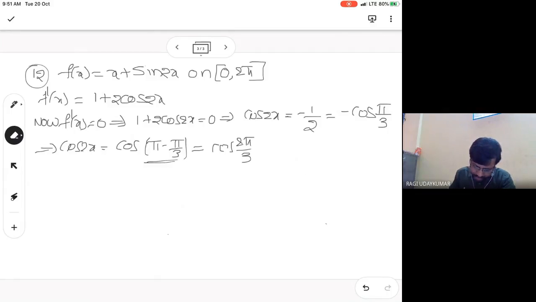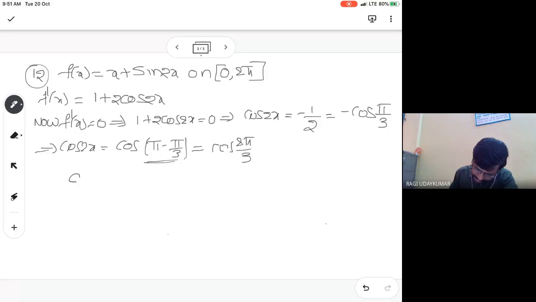So now, in trigonometric equations, whenever you are taking cos x equal to cos y, it means x is equal to 2n pi plus or minus y.